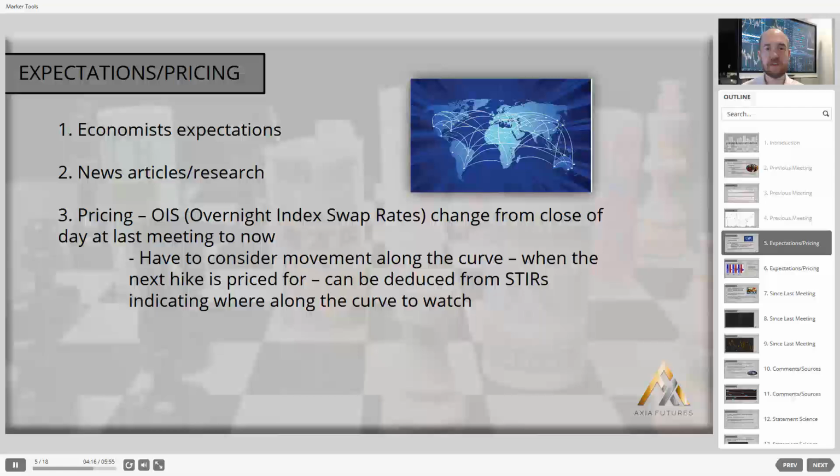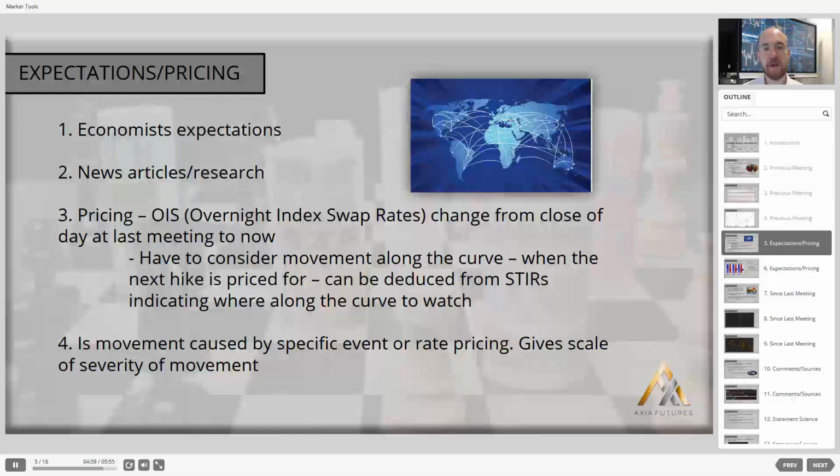So if, for example, the expectation is that interest rates are going to rise next December, and actually the curve pricing is saying that they're going to rise the following June, if the central bank signals that they could raise next December, then that pricing is going to have to be moved forward. Therefore, you will see a sell-off in the shorter end interest rate products to factor in that higher interest rate in a shorter duration of time. Hopefully that will become a little bit clearer when we have a look at the next slide, and I'll show you the ladders of each of those products.